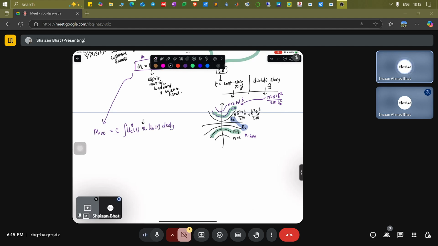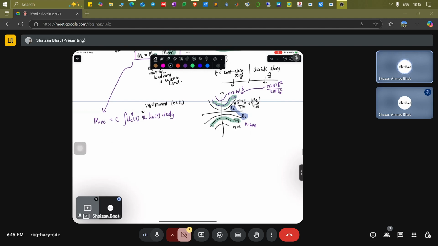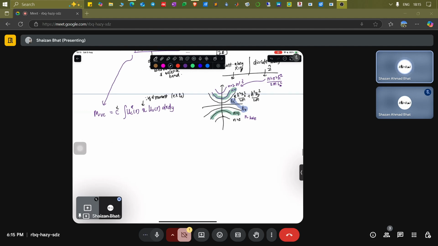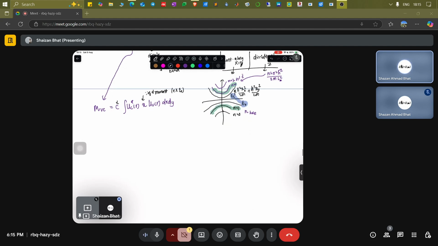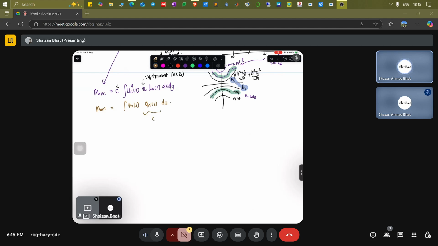This x comes because of the dipole moment, e times x, with e naught and all that absorbed as a constant. So this is the valence band and conduction band dipole moment in matrix element form. Now for n dash, you write the integral of phi n(z) phi n dash(z) dz. This is basically the electron-hole overlap integral.